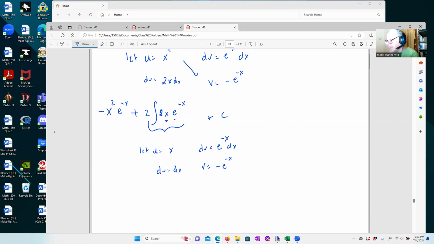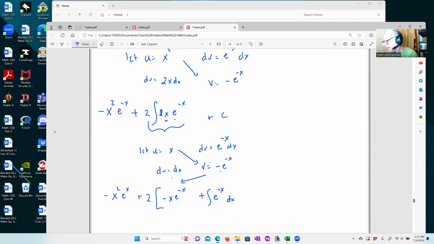So this is going to be negative x squared e to the negative x plus, excuse me, 2. And now, what is this? We're going to have negative x e to the negative x here. That's this diagonal minus, but notice we're going to minus a negative. So minus a negative integral e to the negative x dx.